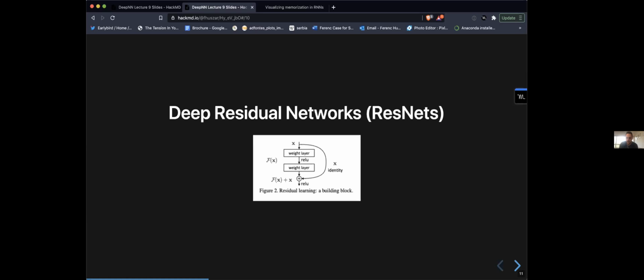So instead of implementing the identity, it implements identity plus something else. And it's called residual because the parametric part of this network model is not the output of the module, but the residual, which is the difference between the output and the inputs to the model.